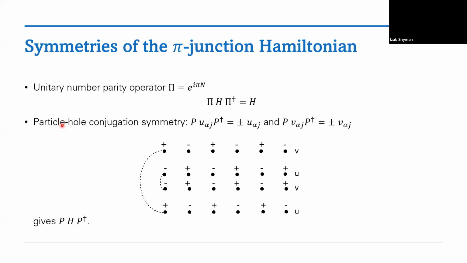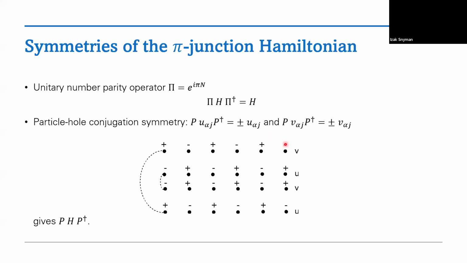And you have a kind of particle conjugation. So you can define an operator that takes creation operators to annihilation operators uniquely, and it acts on the fermions by changing the sign.